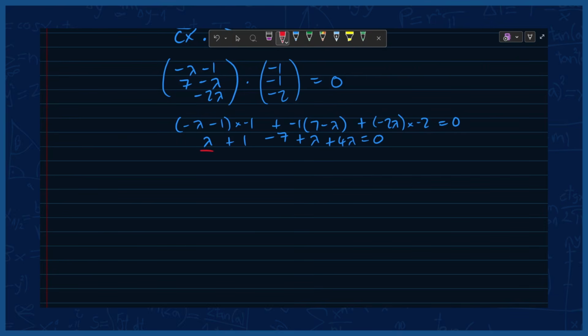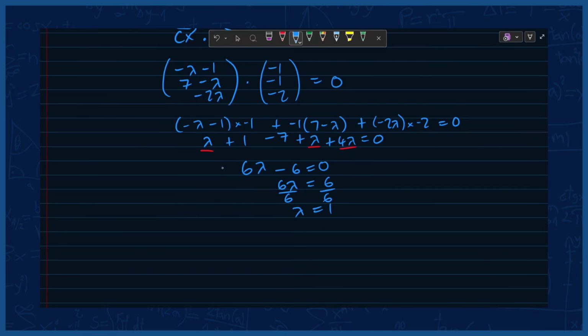Simplify like terms. Lambda plus lambda, that's 2 lambda, plus 4 lambda, that's 6 lambda. And then I've got 1 minus 7, that's going to be minus 6 is equal to 0. So 6 lambda is equal to 6. Divide both sides by 6, you get that lambda has to be 1.